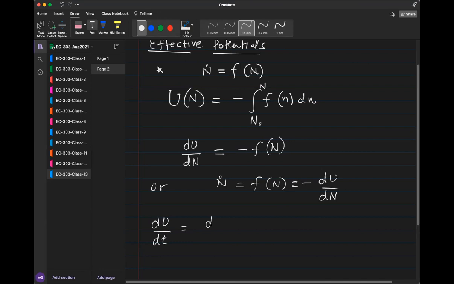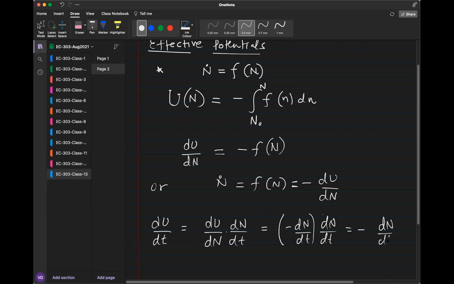Du by dt can be rewritten in the following way: du by dn times dn by dt. Basically I have multiplied and divided by d of n here. Loosely speaking, what is du by dn? Du by dn is minus dn by dt. So the first term is nothing but minus dn by dt. The second term remains dn by dt. Don't change anything about it. Now if you put these two together, complete the multiplication, you have this.